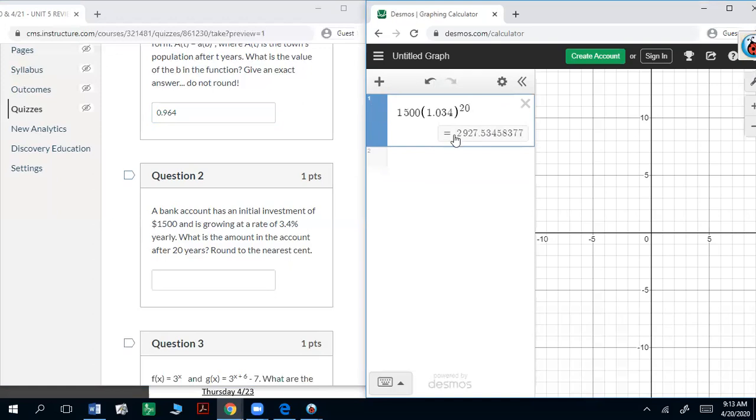And your amount is 2927.53458377. Now the question wants to know, what is the amount to the nearest cent? So nearest cent would be two numbers after the decimal point, because dollars and cents, dollars is before the decimal, cents is after the decimal. And since there's 100 cents in a dollar, these are hundredth places.